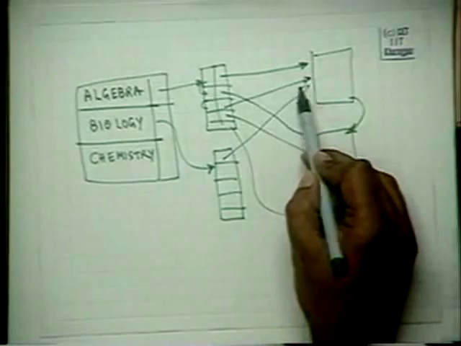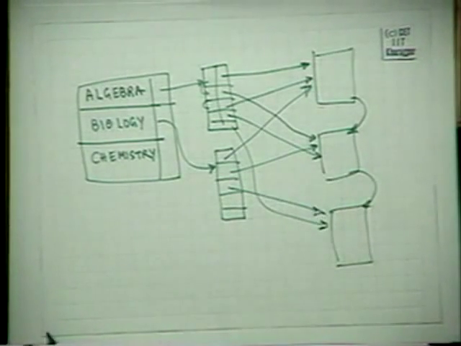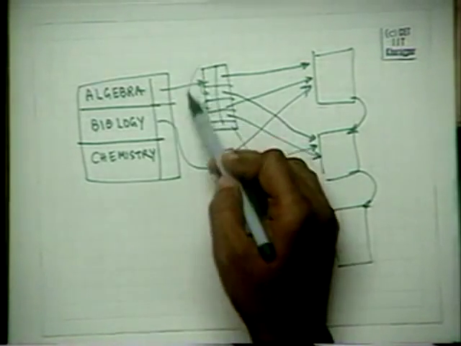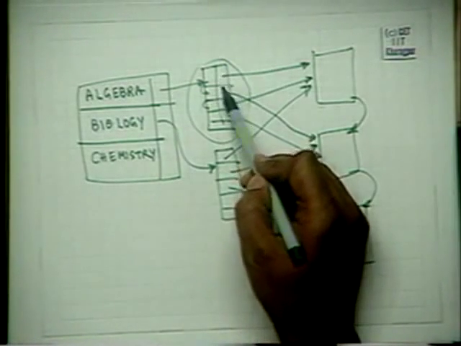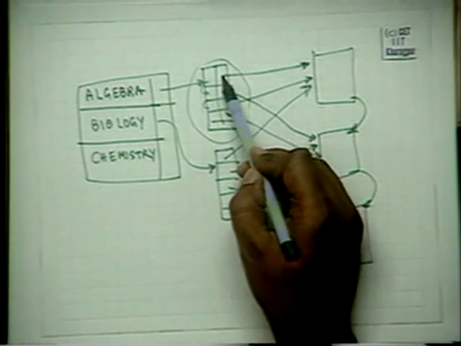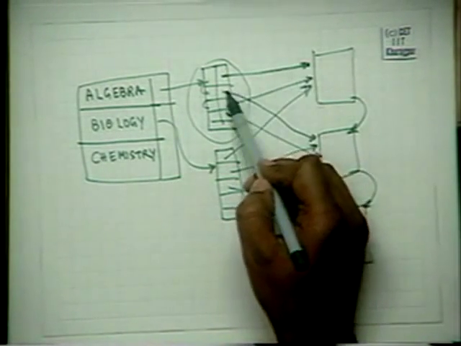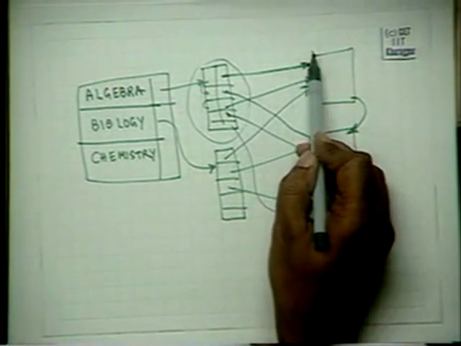This will point to the first one, this to the second, this to the third, and so on. The advantage is that once I access this one, which may be a block or two blocks, then from here I will see which I need. I will see this one, and if I want the third one, I can get it.